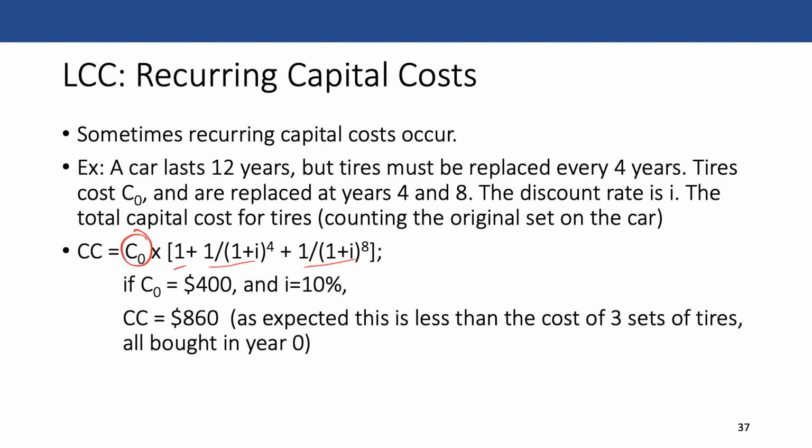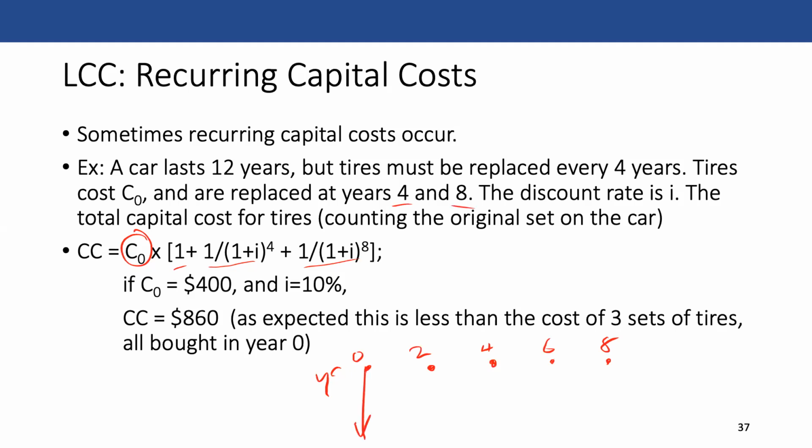So going back to my little diagram here, if this is year, say 0, 2, 4, 6, 8, in this case, I'm going to have an extra set of costs at years 4 and 8.